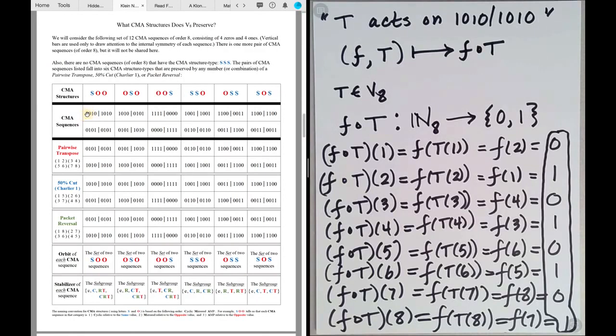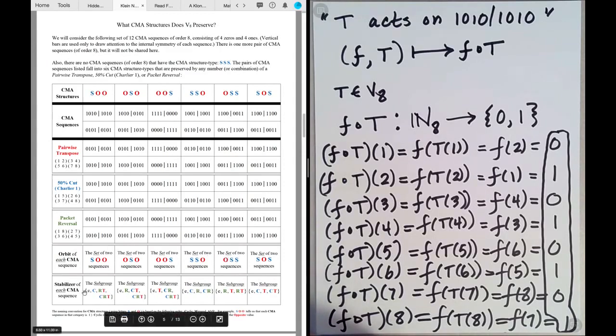Also, the two of these together in a set constitute the orbit of this CMA sequence down below. So that's why it says the orbit of each CMA sequence will be the set of two SOO sequences, which are these two here.